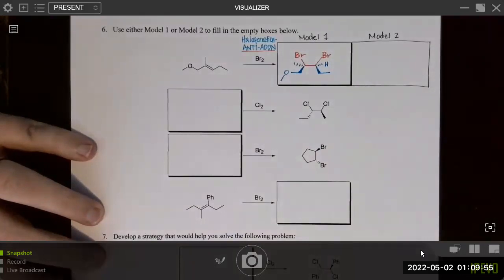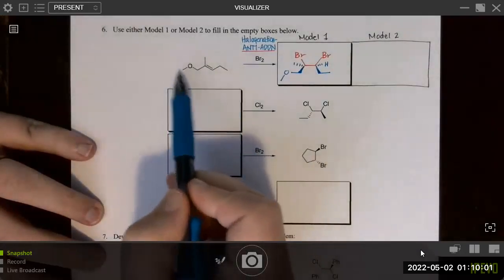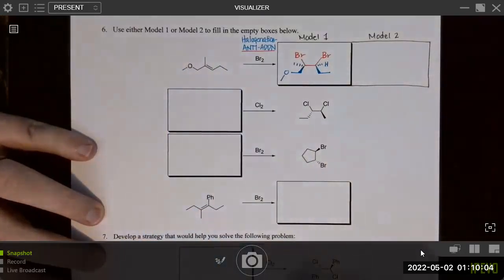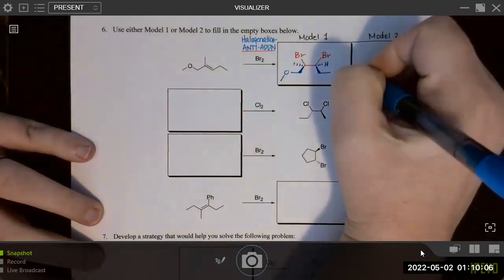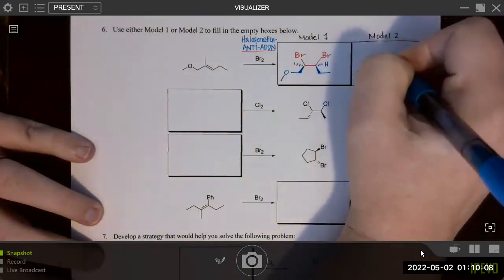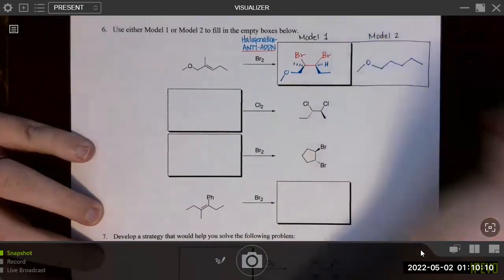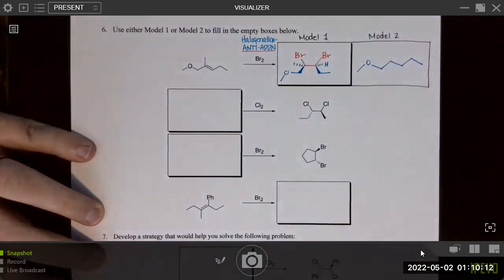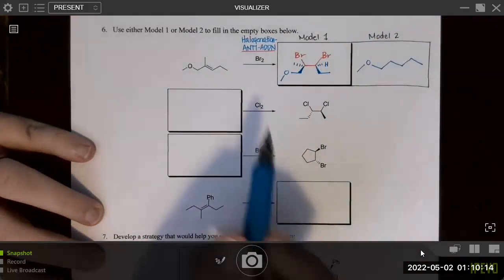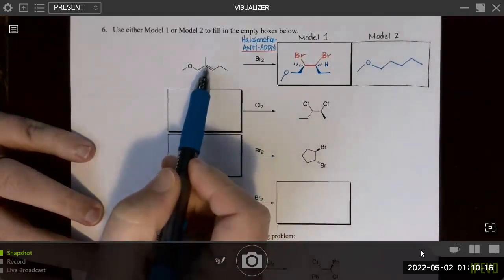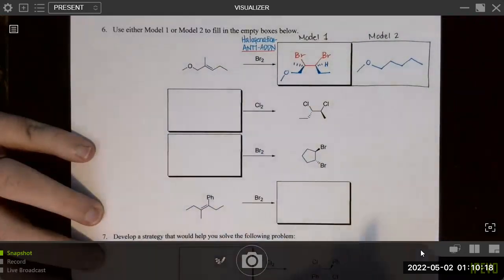How do we do this with model 2? So with model 2, recall that we keep the main carbon backbone in the plane. Okay, so I'm just going to draw this exactly as I see it, like this. And then I'm going to add in the bromines, one pointed out and one going back.